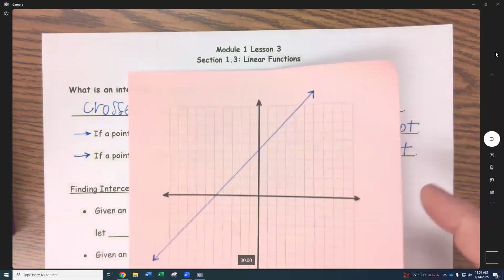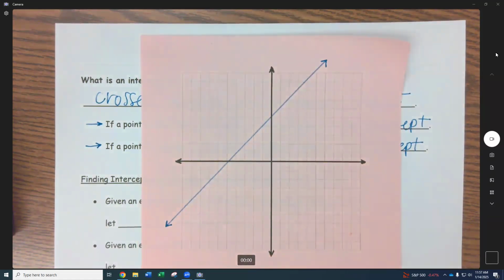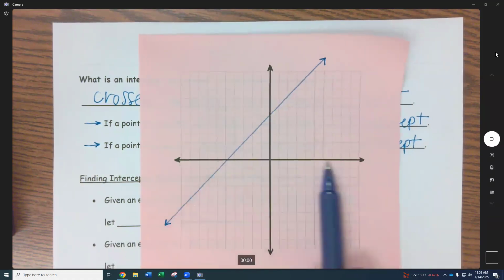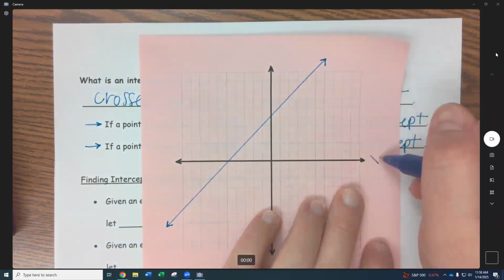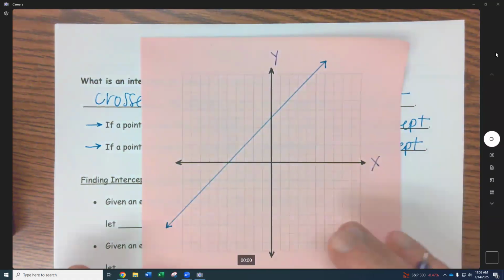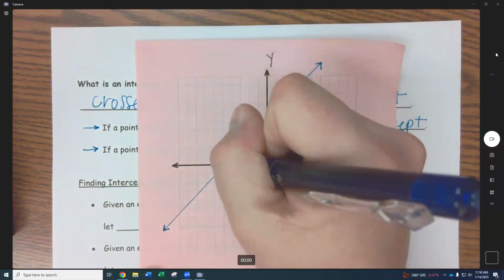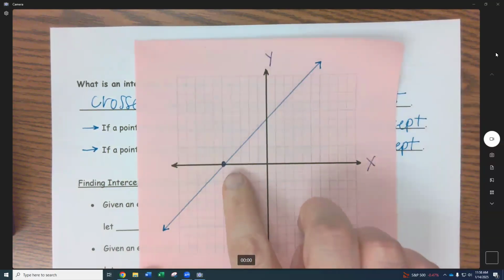Okay, so I made two very basic examples here. So here's first a linear. So we can see here is my x-axis, and here is my y-axis. So where is it crossing this x-axis at? Right here. So this is an intercept.